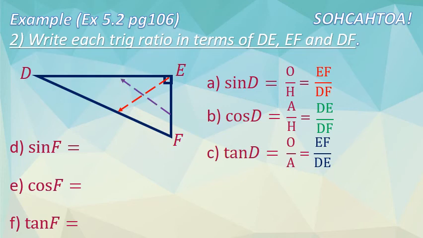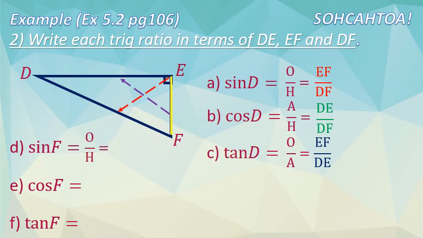If you look at F, opposite to F, excuse the purple arrow, it's meant to be coming from F, not from EF. Opposite to F is the side DE. And adjacent to F is not DF because that's the hypotenuse, so the adjacent side to angle F will be EF.